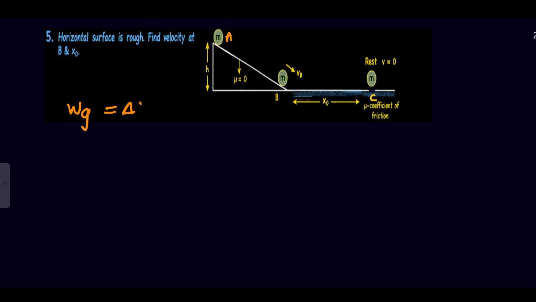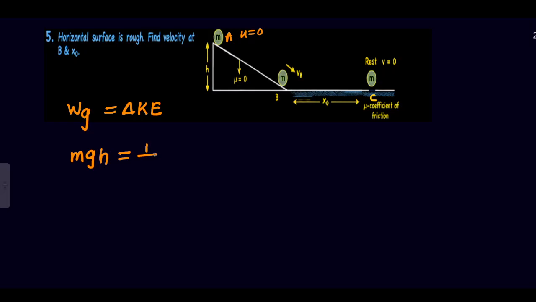There is no other force acting on the block, isn't it? We are doing from A to B only. A to B motion we are talking. So tell me now, work done by the gravity is how much? mgh. Gravitational force is a conservative force. Initially, the velocity of the block is 0, just released. Initial velocity 0.